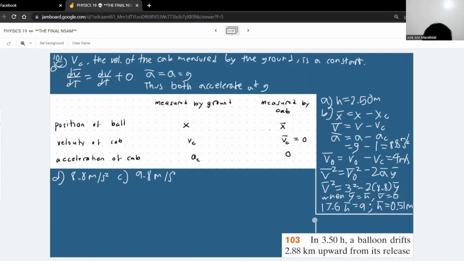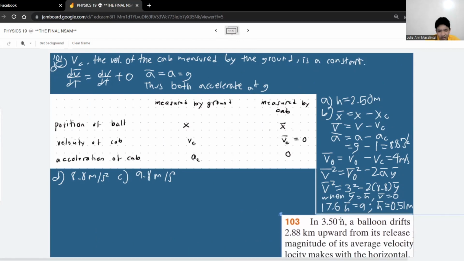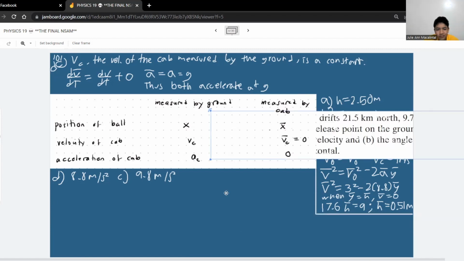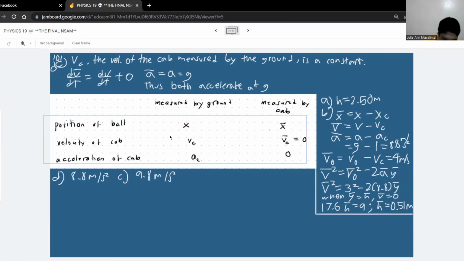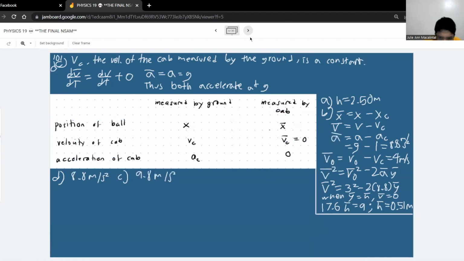Dito, it's 0.51. So, sensible, di ba? Bumibilis yung cab eh. So mas mababa yung maakyat niya as seen with the cab. Opo. Okay.